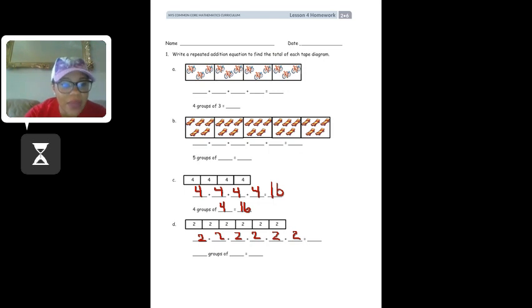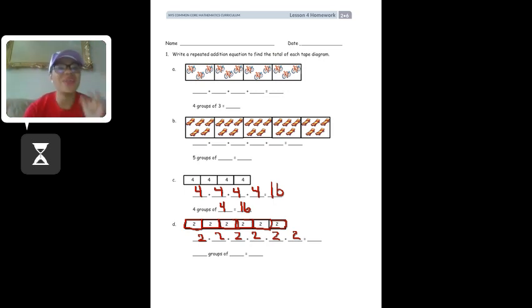So I see that we have 1 equal size square, 2 equal size squares or groups, then we have 3 equal size groups, and then 4 equal size groups, and then 5 equal size groups, and then 6 equal size groups. 6 equal size squares, 6 equal groups.